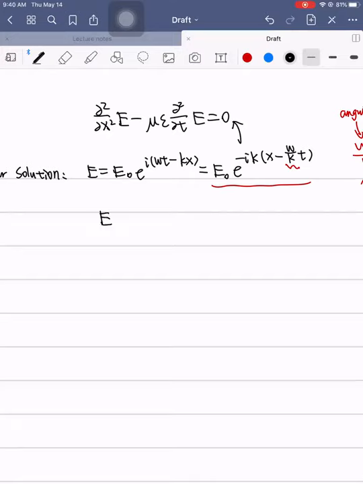E times minus (ik) squared, minus E times (i omega) squared. Because if you take the derivative of the exponential function, it will stay the same.